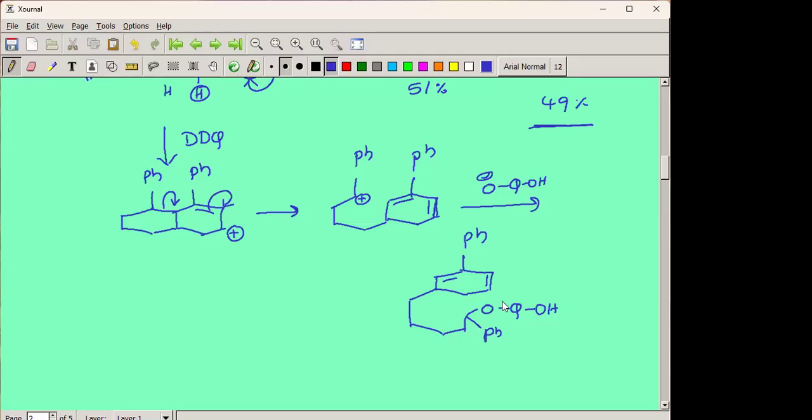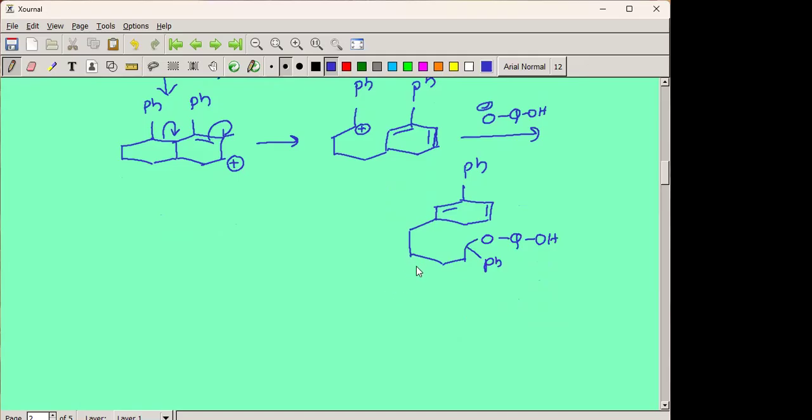Now I'll go with another DDQ. One mole of DDQ, another mole of DDQ will react here. For the completion of that, this becomes a complete aromatization, pH, and this is like this, pH and the OQOH. Now these double bonded electrons will be involved in a polarization. That will attack here, the OQOH at this carbon atom will be eliminated.